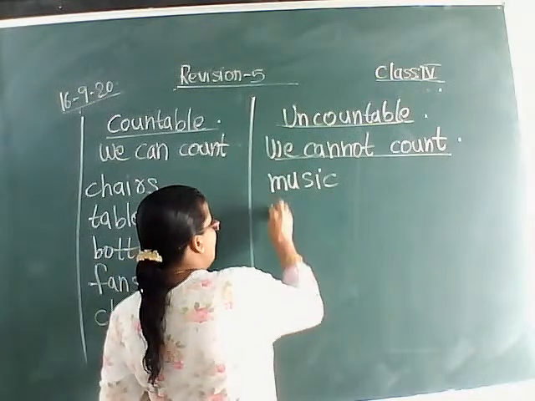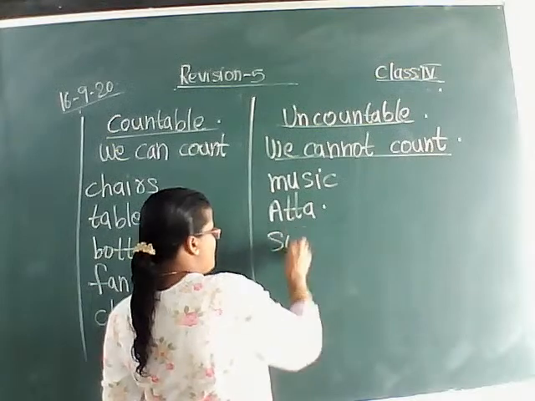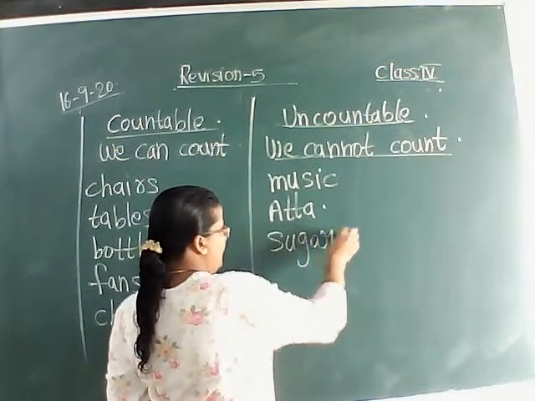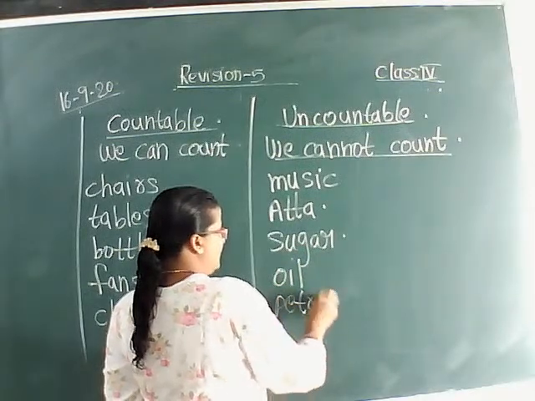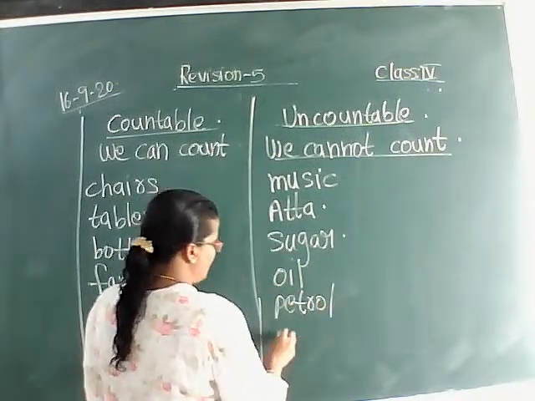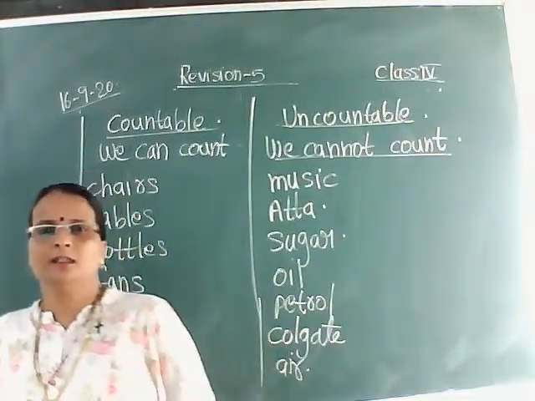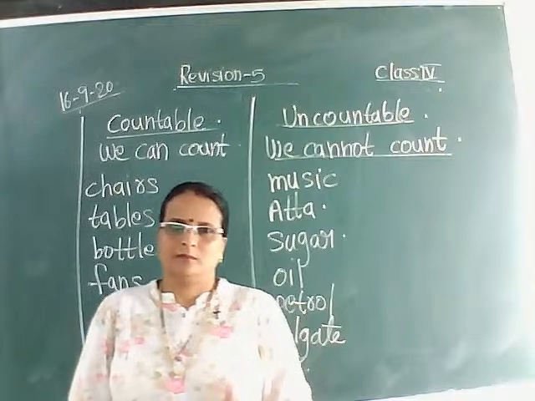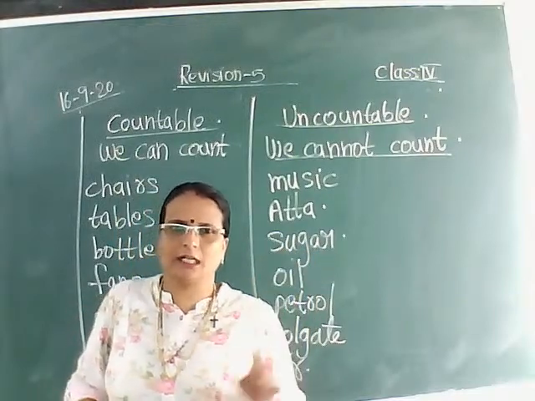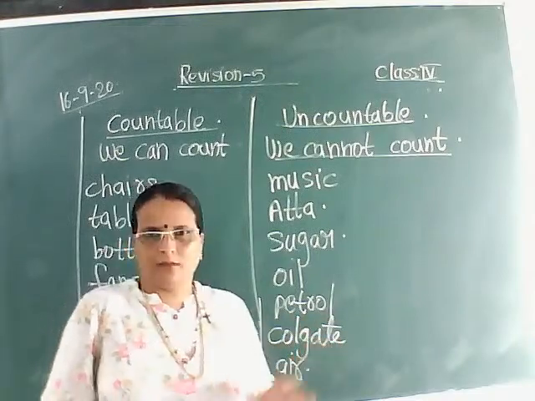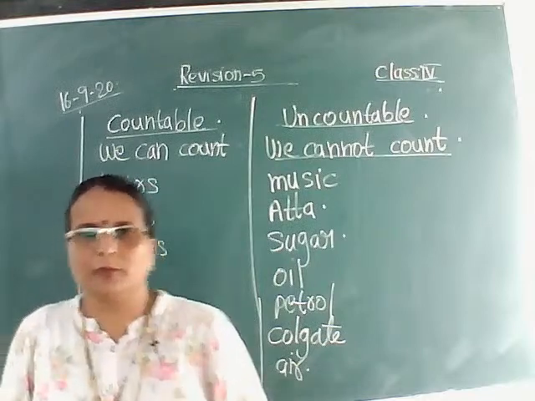Right? So here examples are atta, music, sugar, mustard, oil, petrol, water, Colgate. You will not go to the shop and say, "Uncle, give me 2 piece." You will not go to the petrol bunk and say, "Uncle, give me 2 petrol."